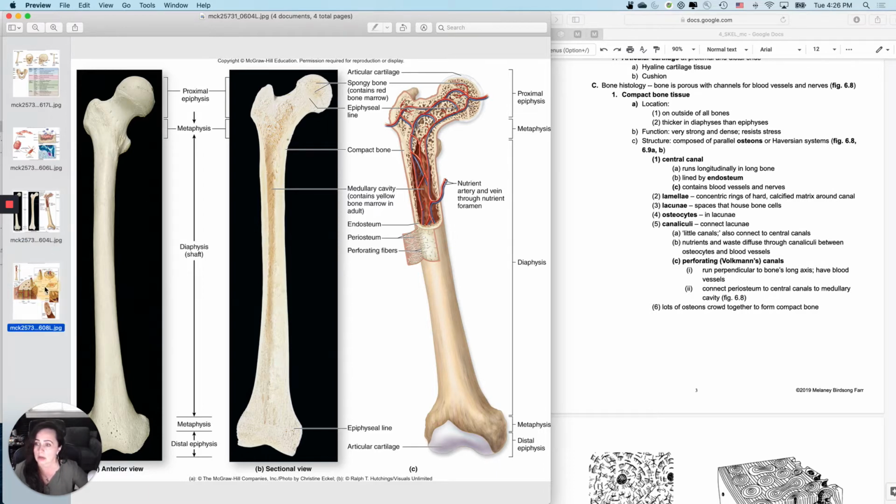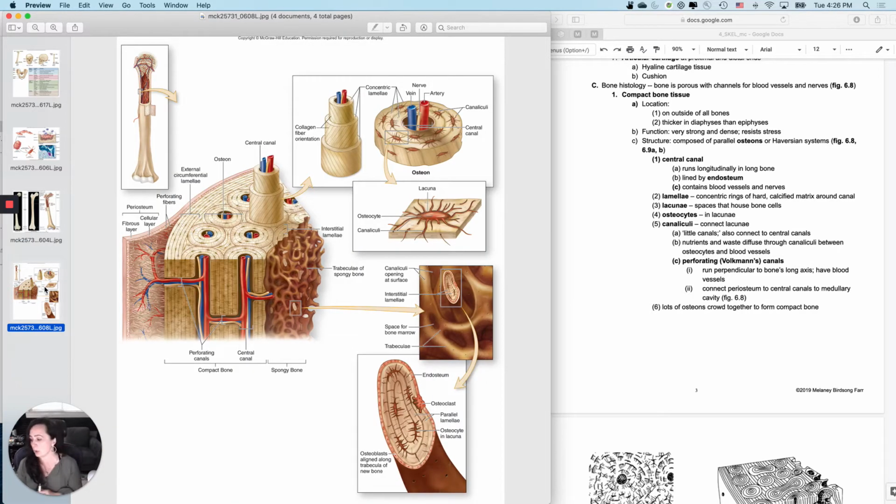or here. So remember we said that when you were talking about compact bone, it was basically all made of these cylindrical structures called osteons, and then they were all smashed up close to one another. They were compact. Compact bone tissue is on the outsides of every bone.